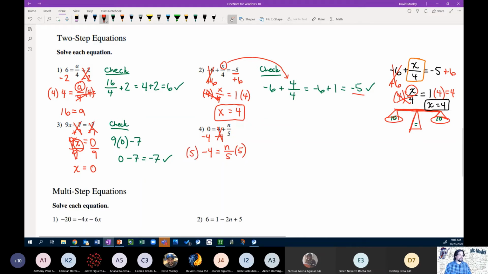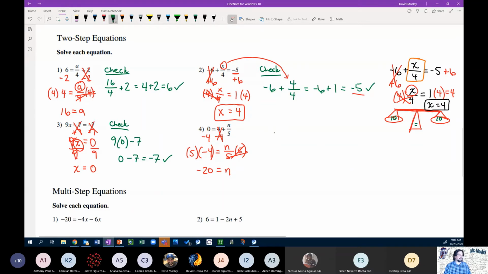Again, I'm using my little parentheses here to show that I'm multiplying 5 times, and I have to put the negative 4 in parentheses as well, so that it doesn't look like I'm saying do 5 minus 4. Two things in parentheses next to each other, multiply. So 5 times negative 4, negative 20, equals, 5s are gone, n. So we have negative 20 equals n.